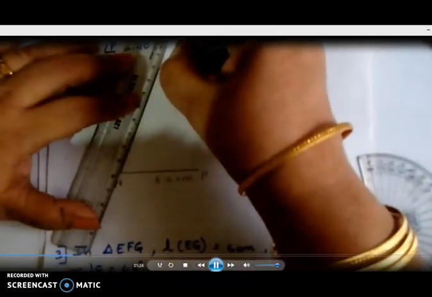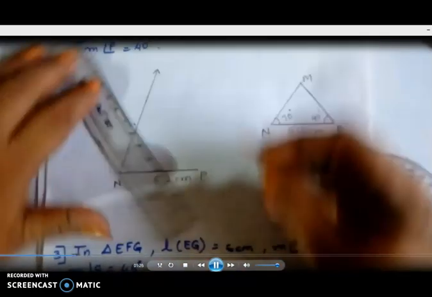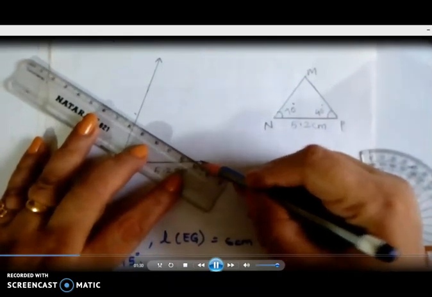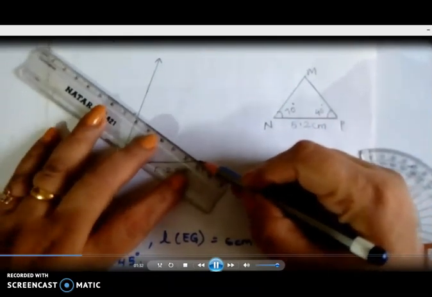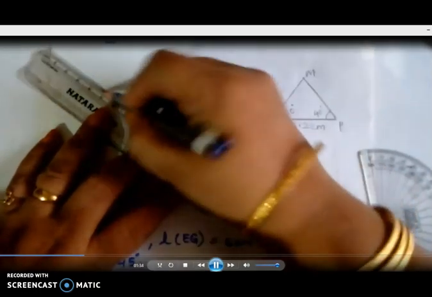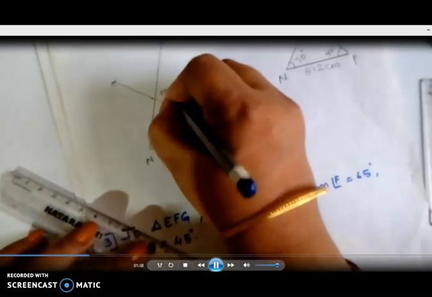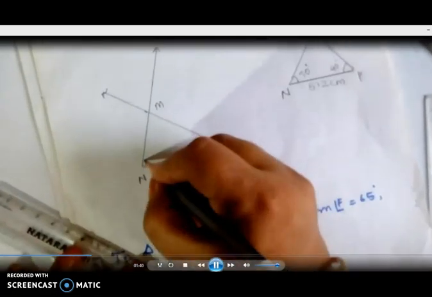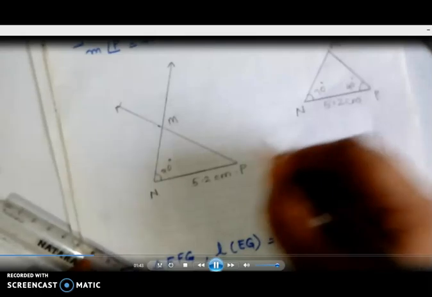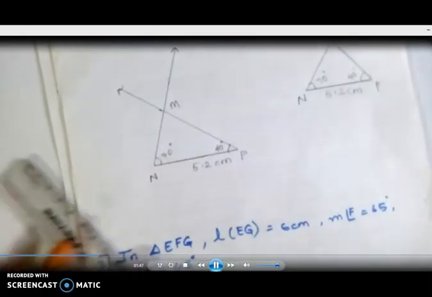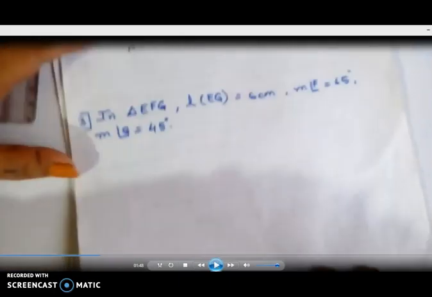Now we will join both these rays. So you have M, N, P, angle N 70 degree and angle P equal to 40 degree. That completes this construction.